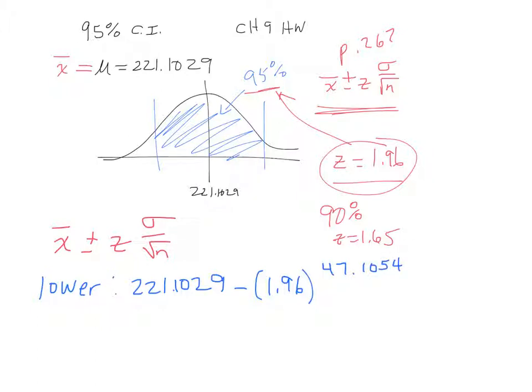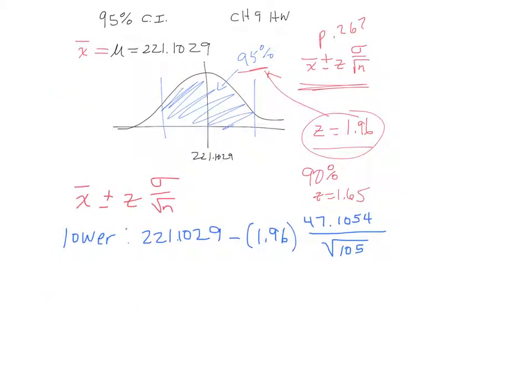So either you just look in last week's homework, it told you this, or you should know how to actually calculate the standard deviation in Excel. And then divided by the square root of n, where the n is your sample size, and there were 105 data values. And so that's the lower.